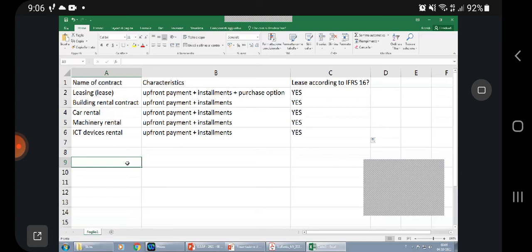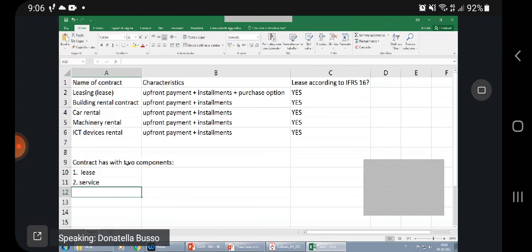In this case, this means that there is a contract that has two components: the lease component and the service component. Is it now more clear? Lease and service. Okay?